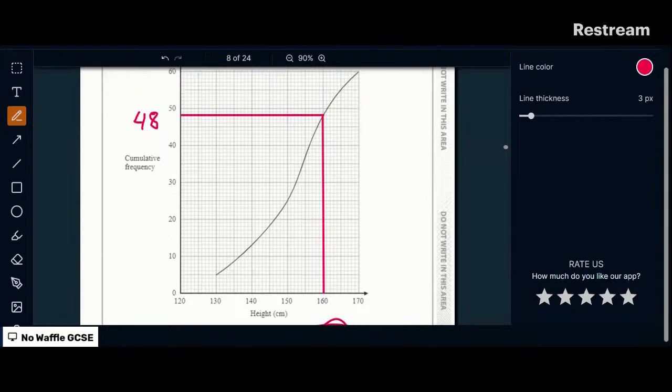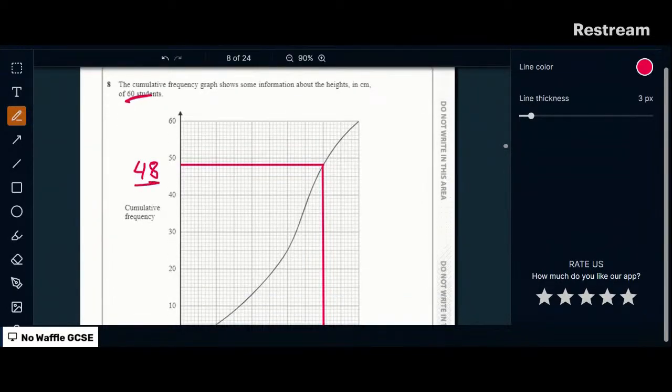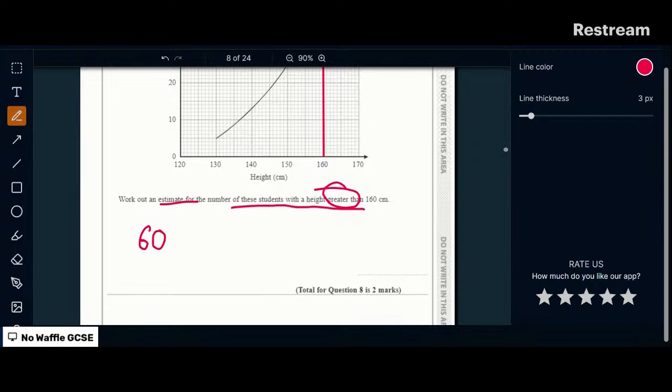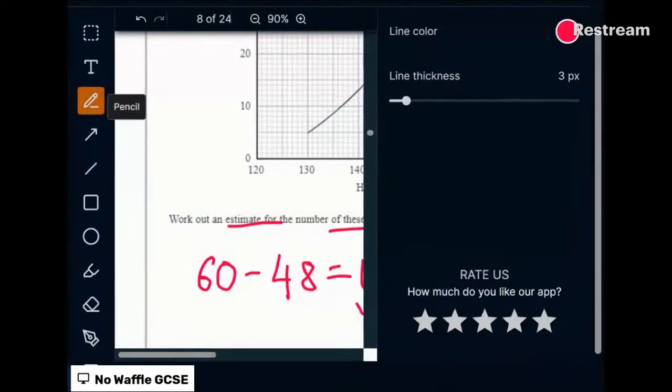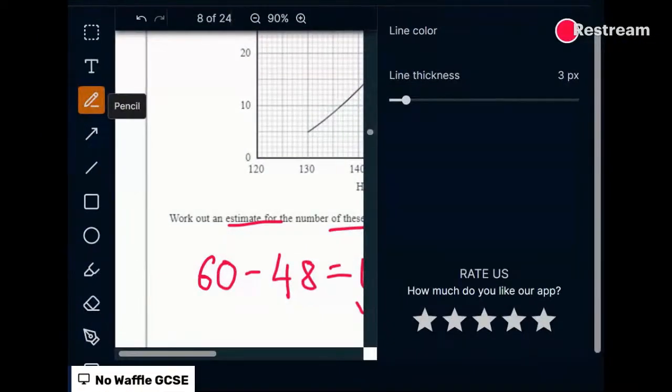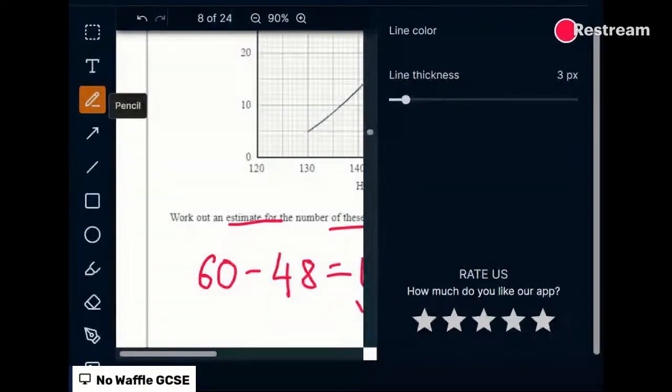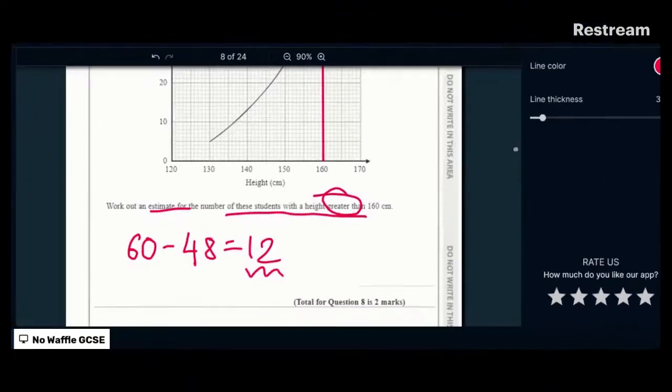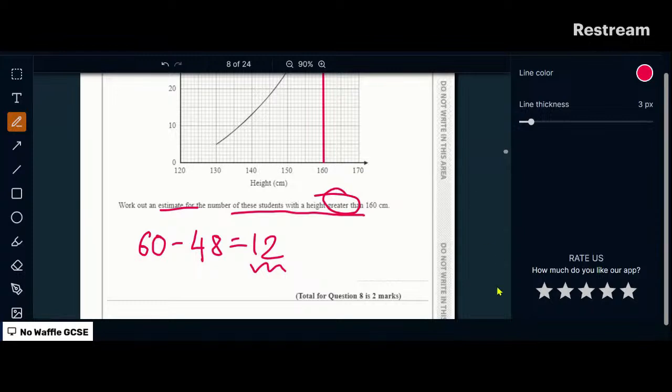So we need to do the total amount of students, which is 60, take away 48 students, which is 12. So that is our answer.